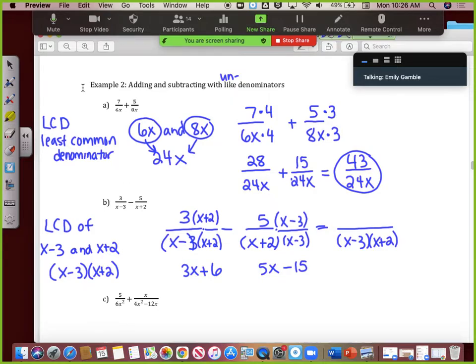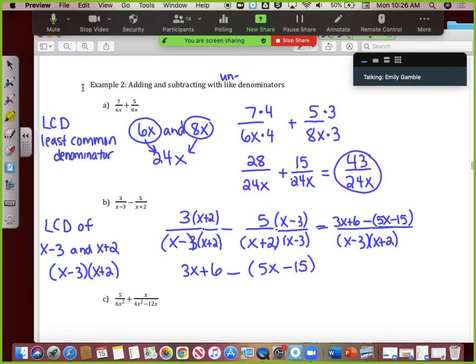So then when I go to simplify this, we have to be careful because we're subtracting. So we're going to end up doing 3x plus 6 minus 5x minus 15. So I'm showing you all of the steps here so that we don't mess anything up with the negatives.